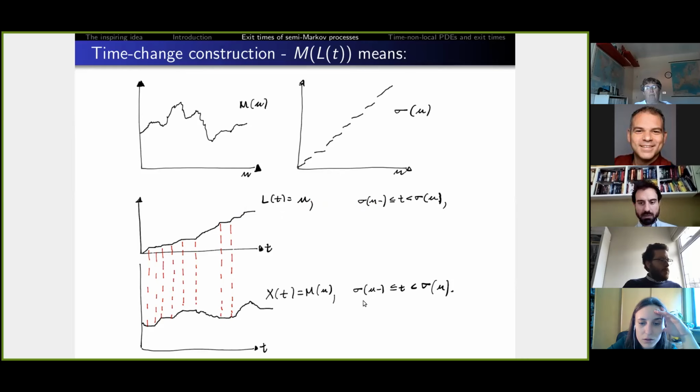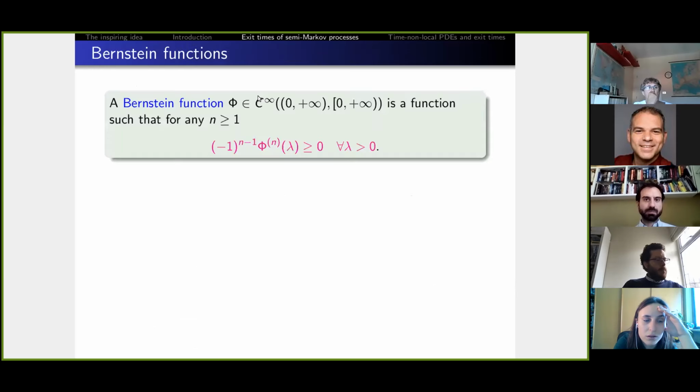And the random time is determined by the jumps of this process sigma. So essentially, we are constructing a process which leaves the point where it is constant continuously. So we are taking a Markov process and we are randomly stretching its path. We are introducing a delay, randomly chosen, in the evolution of the Markov process.